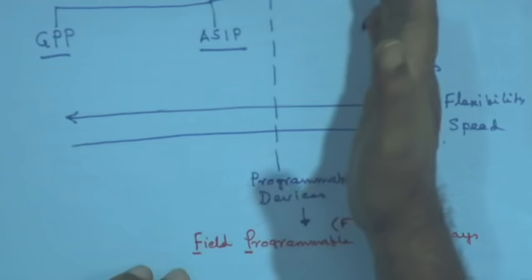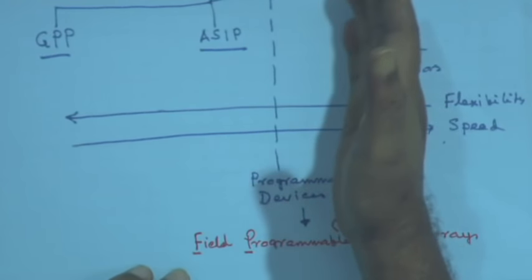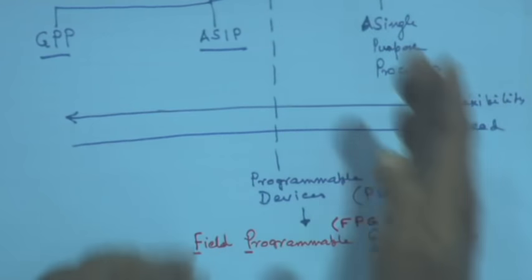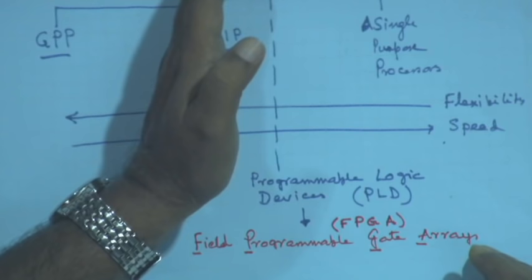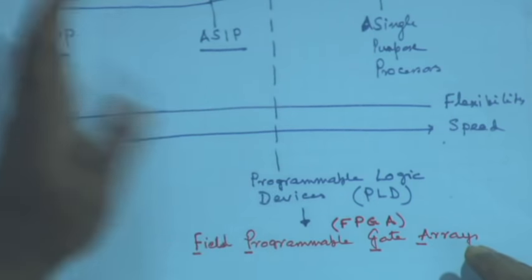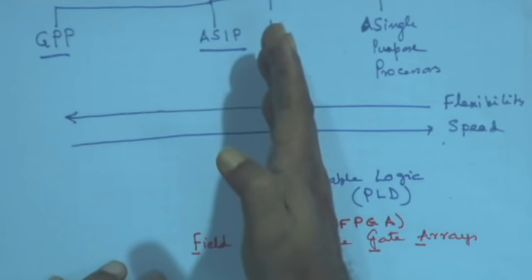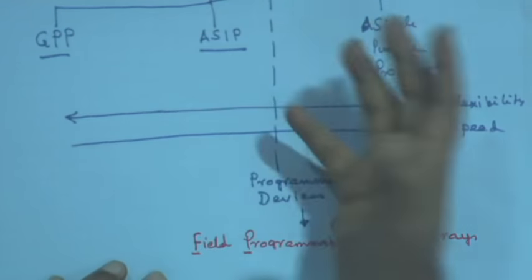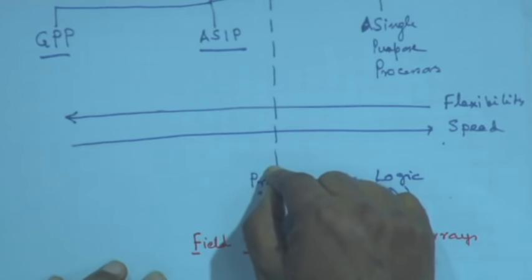It will be a little slower maybe, and not as flexible as the general purpose processors, but there are certain advantages which I am coming to again. It is much easier to program. I can reprogram them if I like, depending on the type of FPGAs.